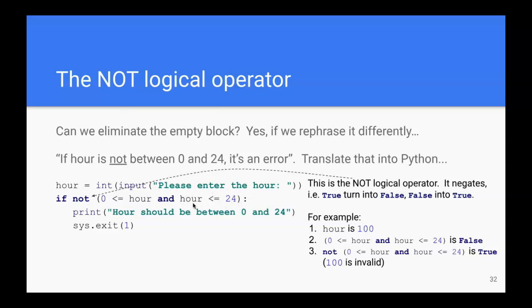And the fact that one of the operands in the AND logical operation is false means this whole expression is false, right? And then we have a not false, that would give us true. So that's how it gets into here and says, hey, there's something wrong with your hour. It should be between 0 and 24.